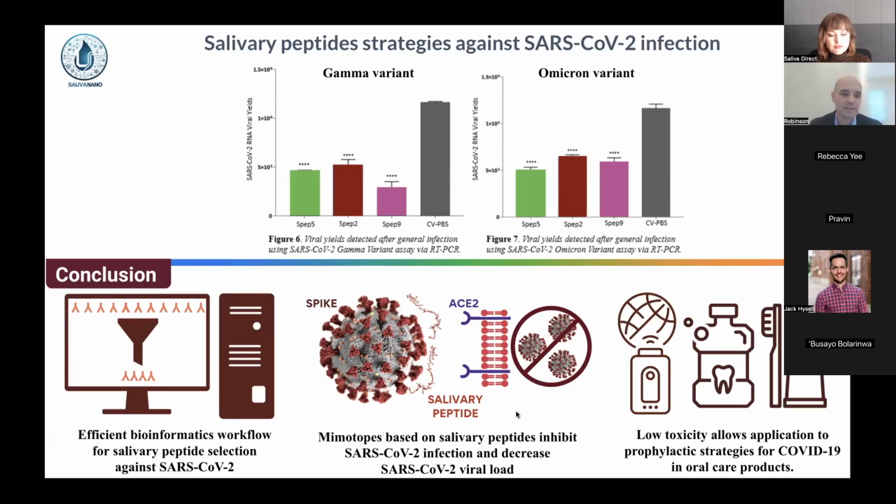Thus, we conclude that this bioinformatic workflow was able to select salivary peptides that inhibit SARS-CoV-2 infection, and due to the low toxicity, it allows application as a prophylactic strategy for COVID-19 in oral care products.